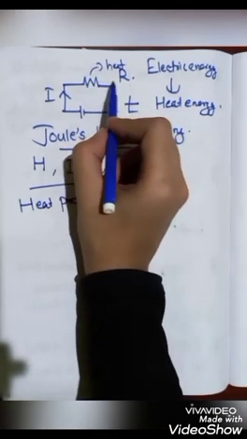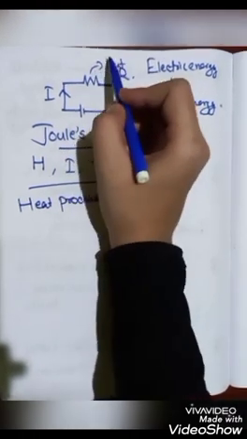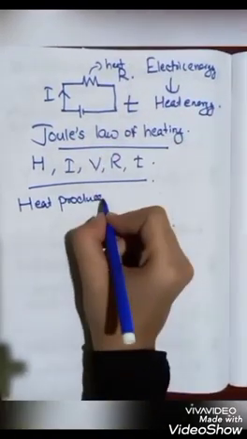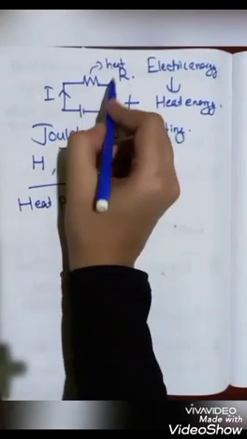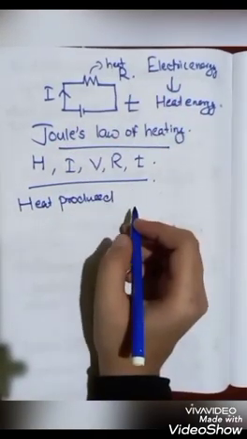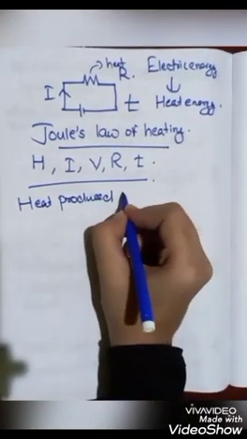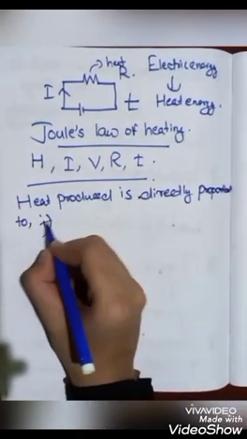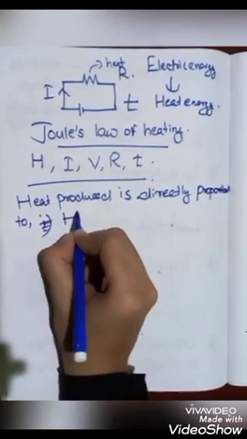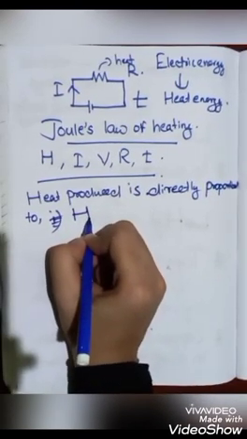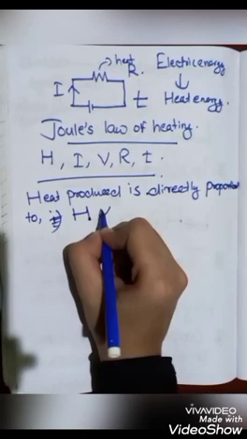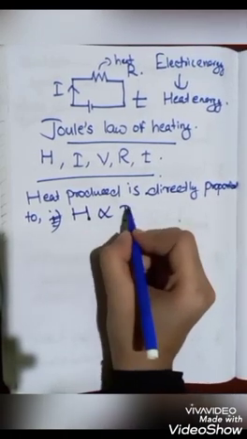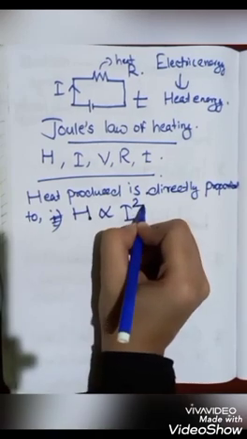That heat produced in this resistor is directly proportional to the square of the current, I square.